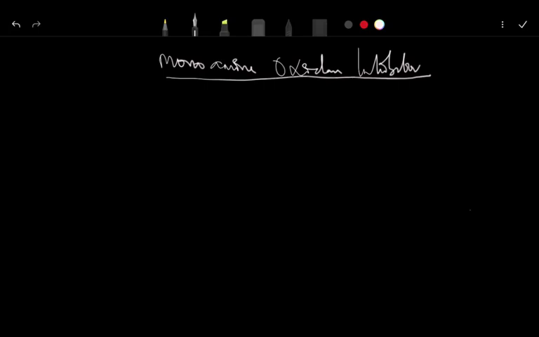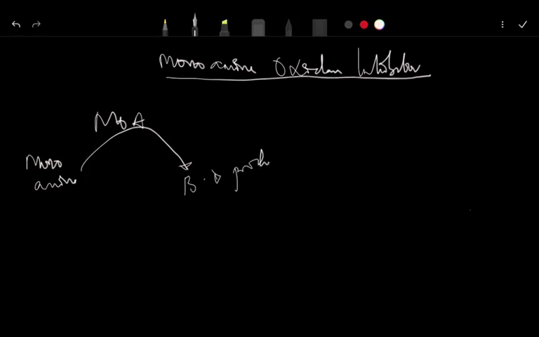We already said that monoamine oxidase is an enzyme. MAO is an enzyme, so what will this enzyme do? It will take a monoamine and convert it to a breakdown product, meaning it will break down monoamines like norepinephrine and serotonin.